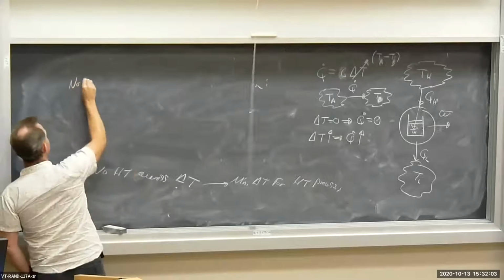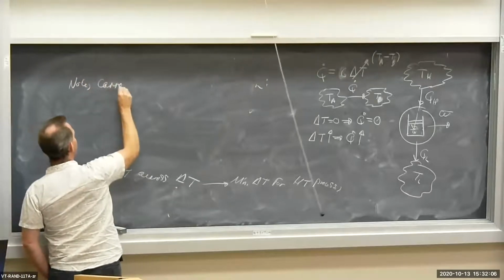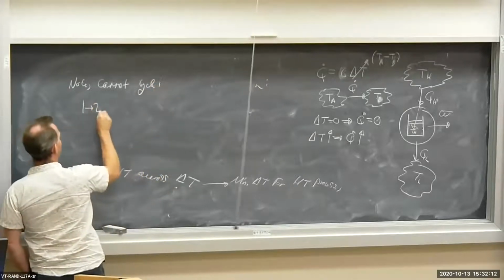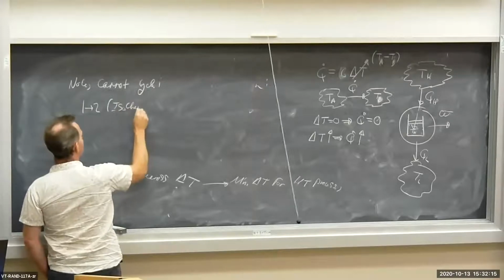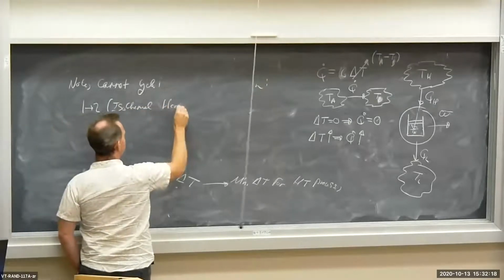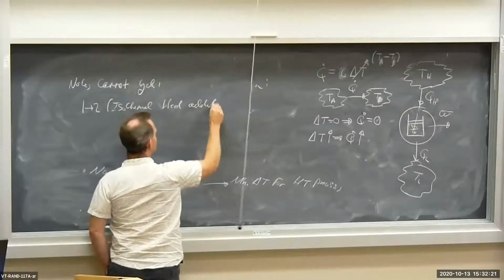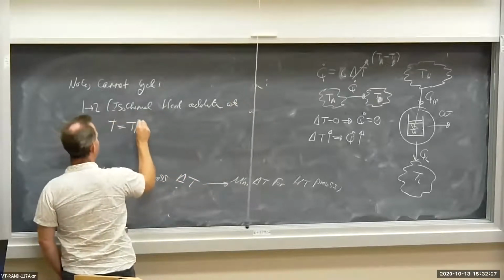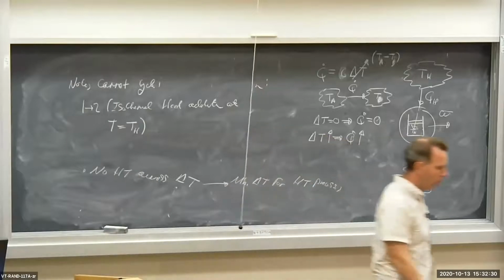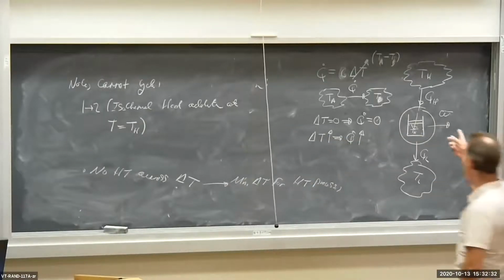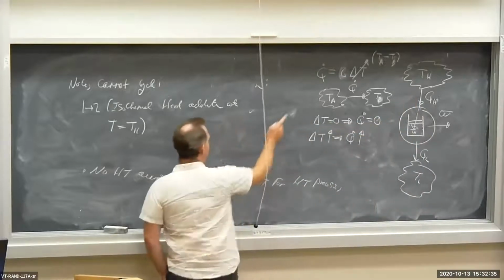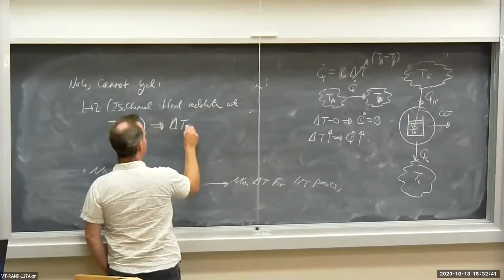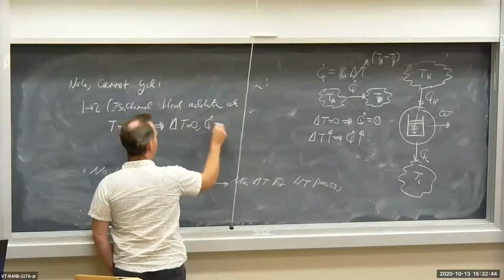So note for the Carnot cycle, during the heat addition process, 1 to 2, which is isothermal heat addition at temperature equals T high. So process 1 to 2, the temperature of the working fluid is at a temperature T high, which is our high temperature reservoir temperature. According to this, delta T is equal to 0 and Q dot is equal to 0.